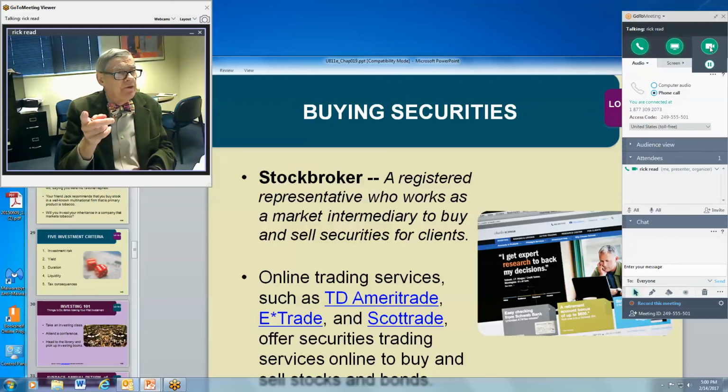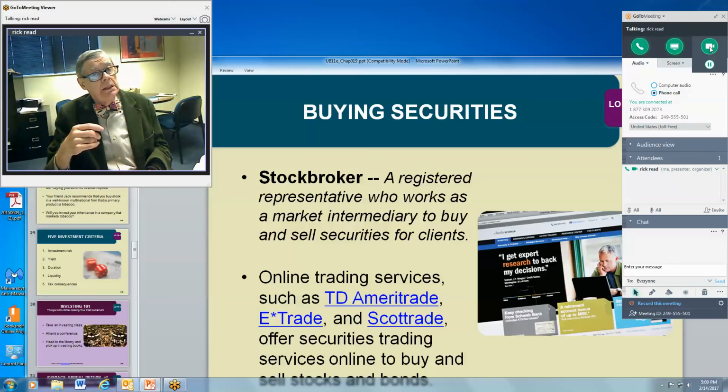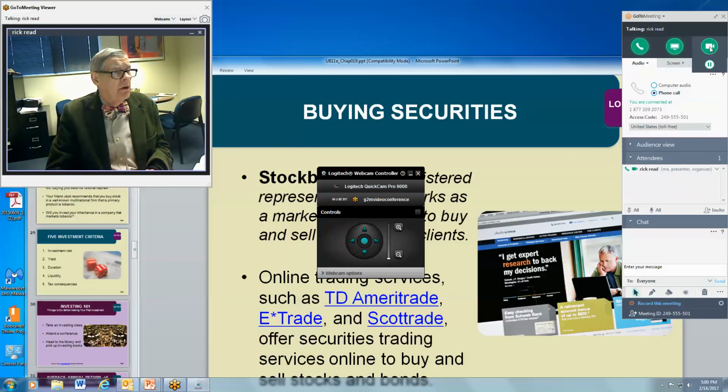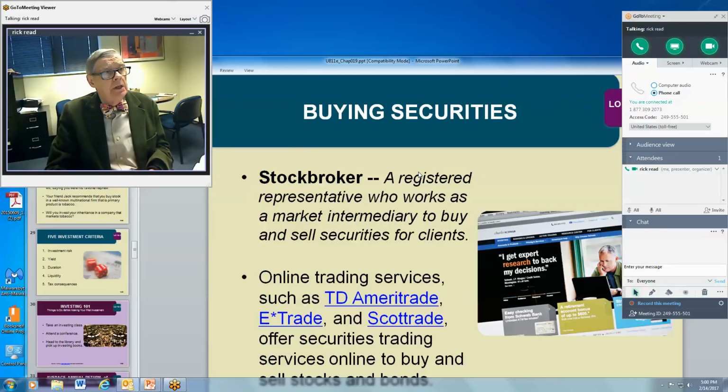Now, a company usually has the authority to buy and sell securities because he or she has a seat on the securities exchange, like the New York Stock Exchange or the NASDAQ or something else. And that person is authorized to execute trades, buying and selling.